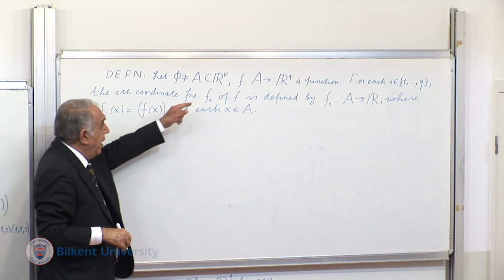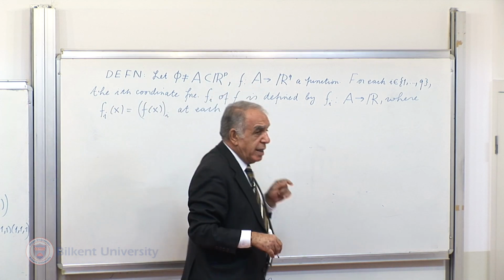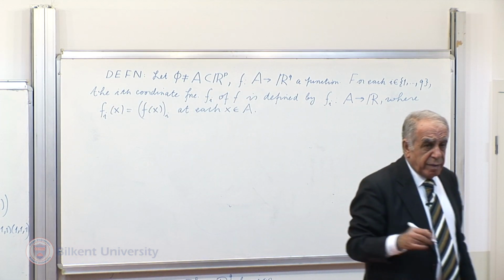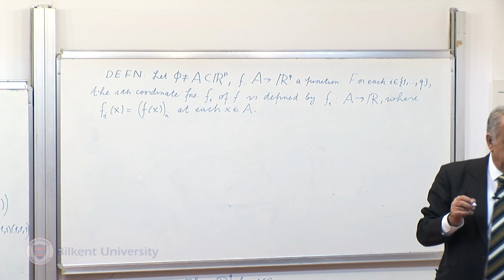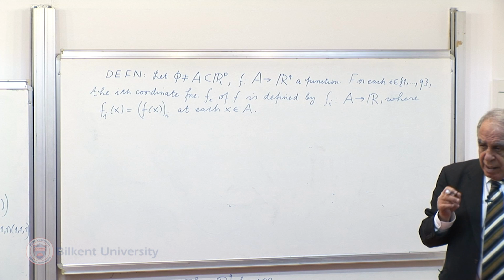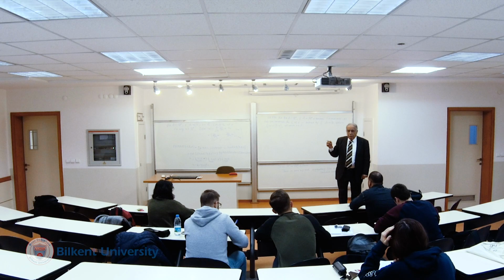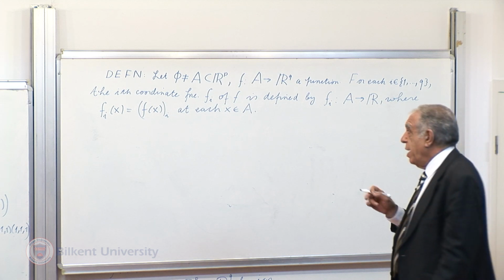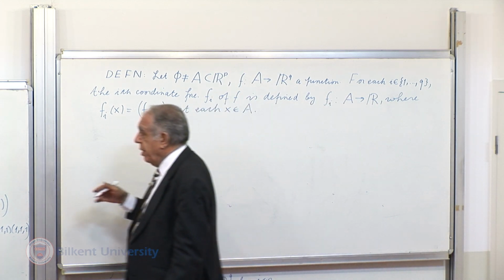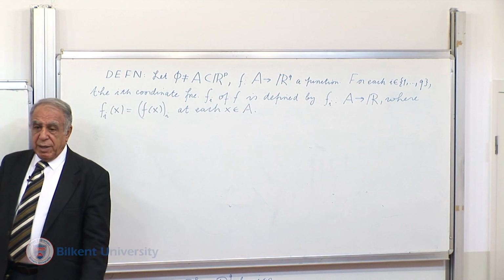Now, if this function at an interior point of the domain A is differentiable there, it is standard and easy to show that all the coordinate functions are differentiable at that point. But for a real-valued function being differentiable, we have this representation.